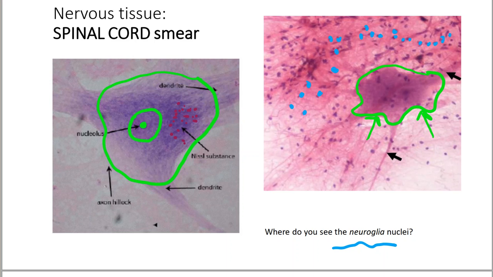And then it's really hard to find the axon and the dendrites, and so I'm not going to ask you to identify an axon versus a dendrite. All of these things that are coming off of the cell, like this thing over here, and this thing up here, and this thing right here, and this thing over here. And then right where it says axon hillock right here, there's going to be a thing that comes off right there too. And the axon hillock is kind of like the red light, green light, the stop-go signal.